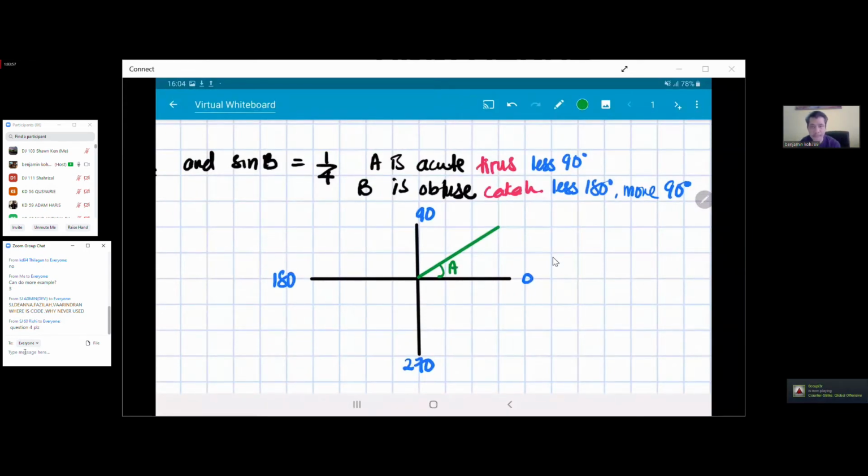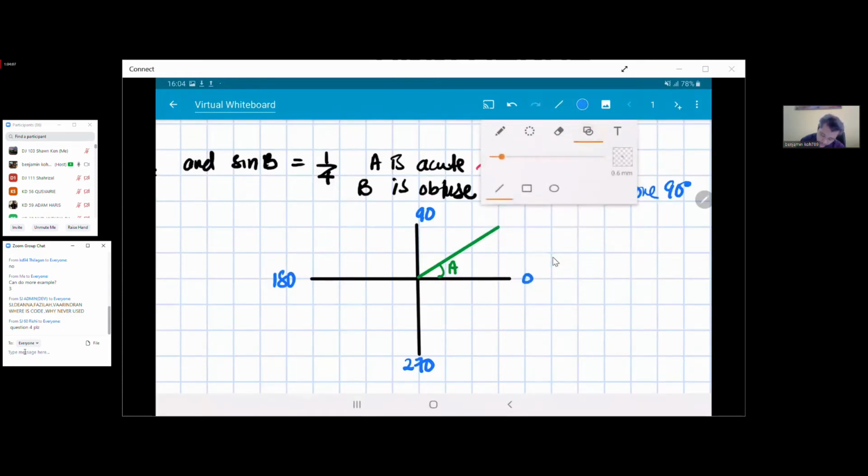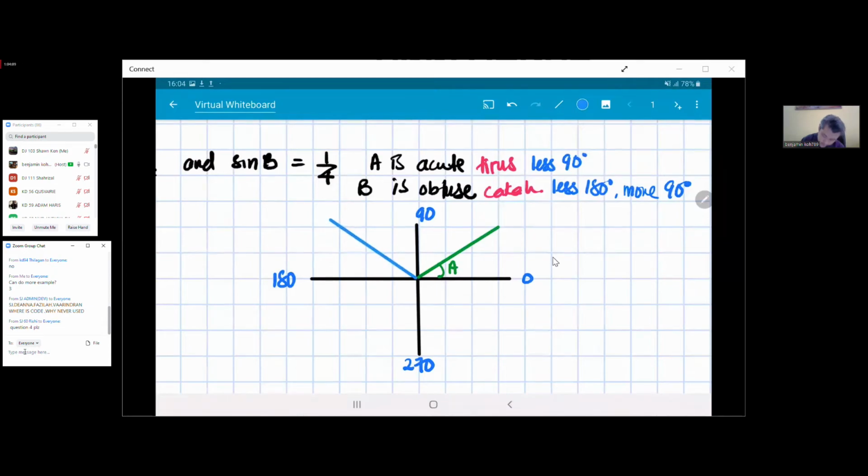B is obtuse, that means more than 90, less than 180. So this tells us that the angle for B is located here. This is angle B. So I'll do this first. One way is by drawing. Sebenarnya there's a way to do it without drawing lah, but I will show you what I mean.